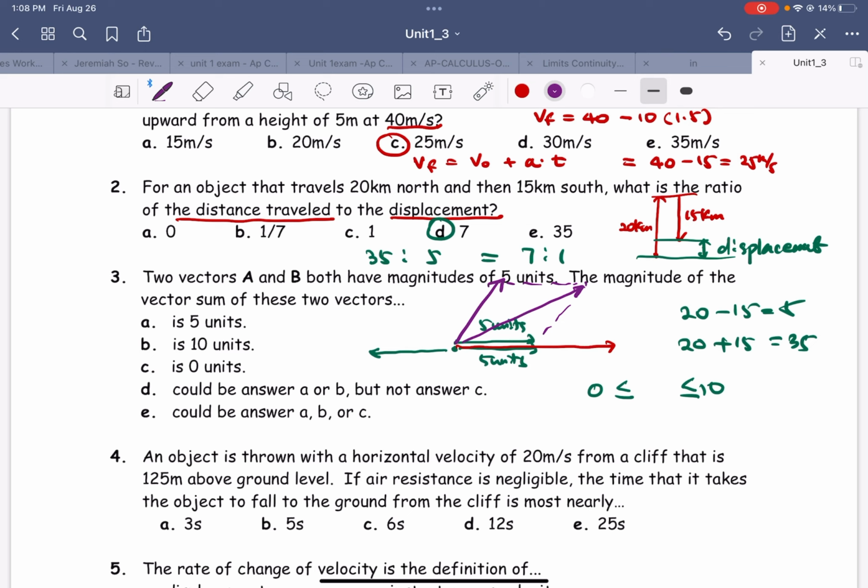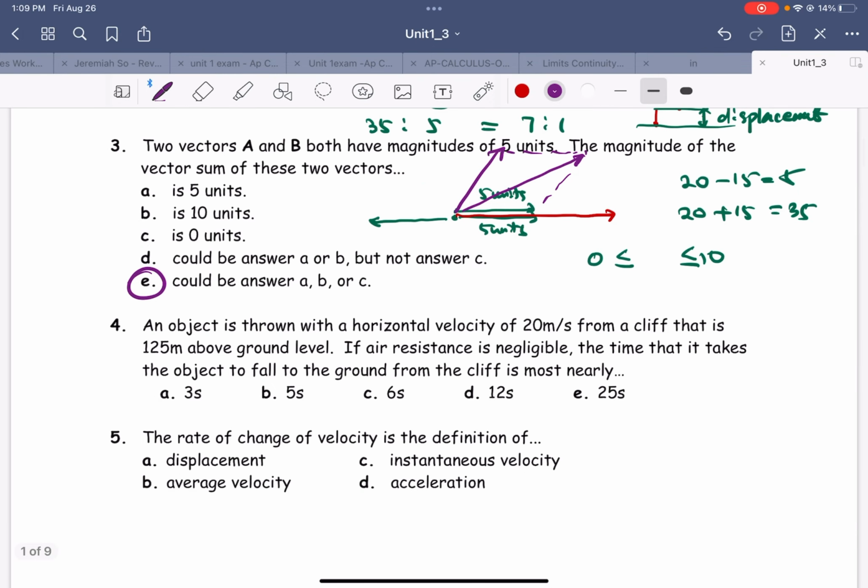That length. So it could be any length between 0 and 10. So which one is the right answer? 5 units, possible. Somewhere 0 to 10, any value is possible. So 5, 10, 0 also possible. So answer E. Okay, any value between there is possible.